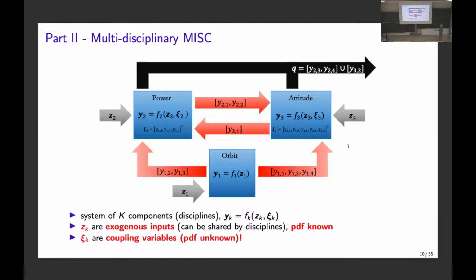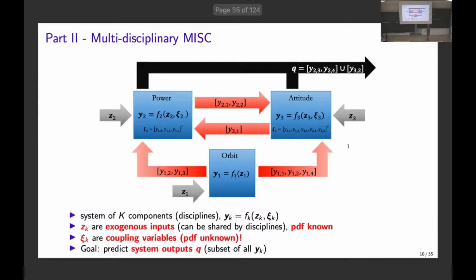Each component has input Z and output Y, but then the output Y becomes an input for another model, and that input is now called Xi. So Xi is a collection of Ys, okay? And the point is these Xi are coupling variables and their PDF is unknown because they are the outputs of a system. So both Z and Xi are random variables, but Z have a known PDF and Xi have unknown PDF.